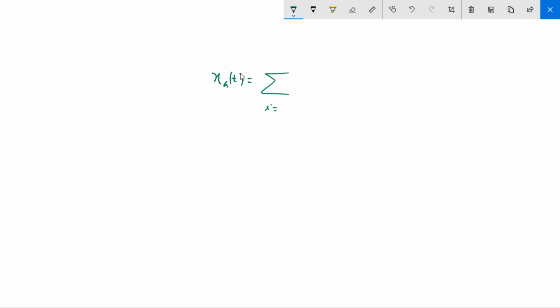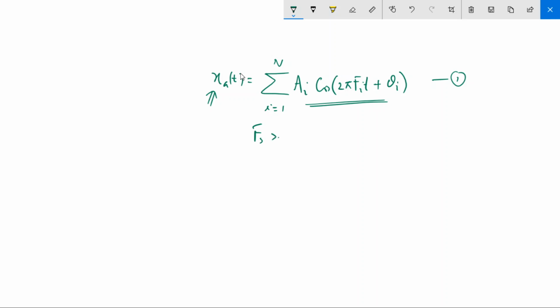Maybe it has n frequencies, like this: sum of Ai cos(2 pi Fi t plus theta i). So it constitutes n different sinusoids with different amplitudes, different frequencies and different phases. In that case, how do you choose the sampling rate?